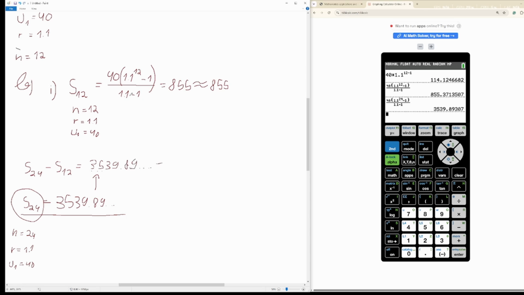And we have to subtract this from our first year, which was 855. And when you're doing calculations, please don't round anything.